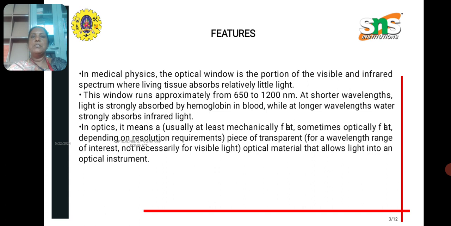And the features are, in medical physics, the optical window is the portion of the visible and infrared spectrum where living tissue absorbs relatively little light, and this window runs approximately from 650 to 1200 nanometer. At shorter wavelengths, light is strongly absorbed by hemoglobin in blood, while at longer wavelengths, water strongly absorbs infrared light.